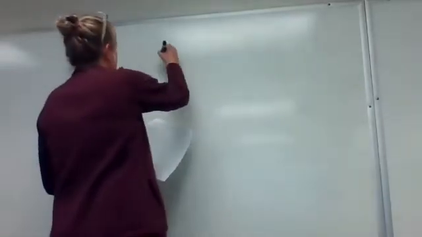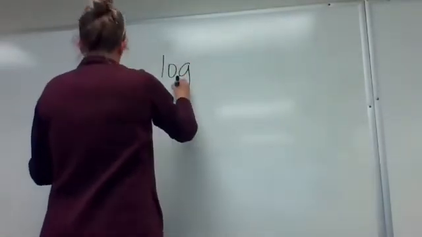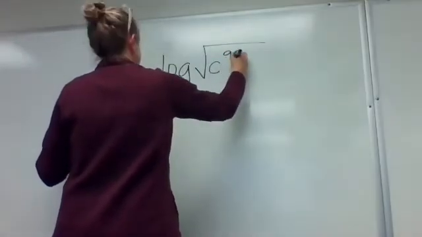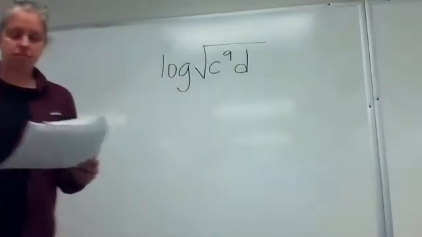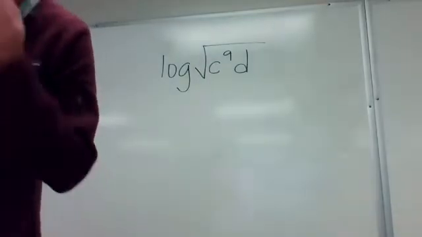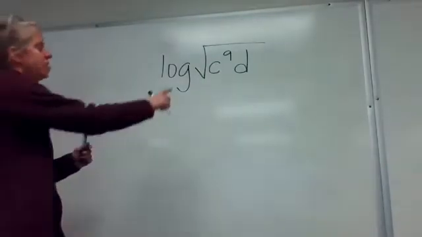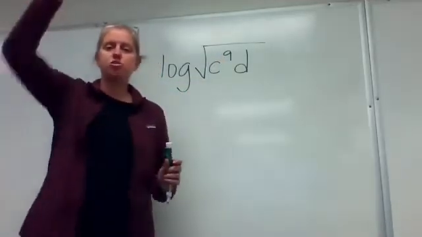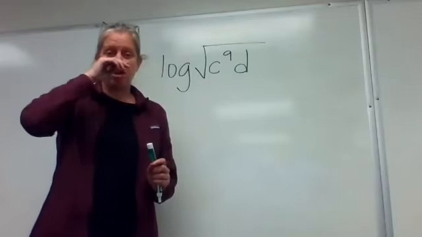Right, number 10, log of the square root of c to the 9th d. All right, again, anytime you see a radical, when you're dealing with logs, you want to change that radical into its equivalent exponent.